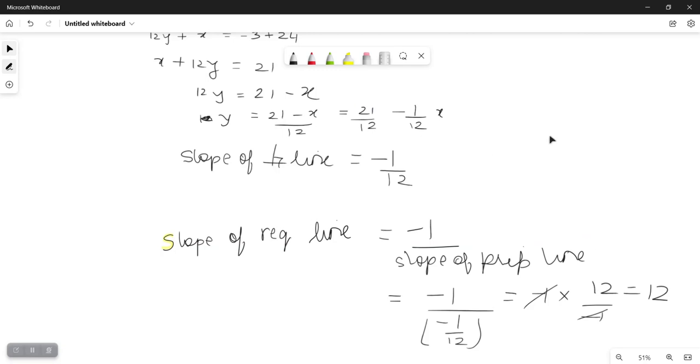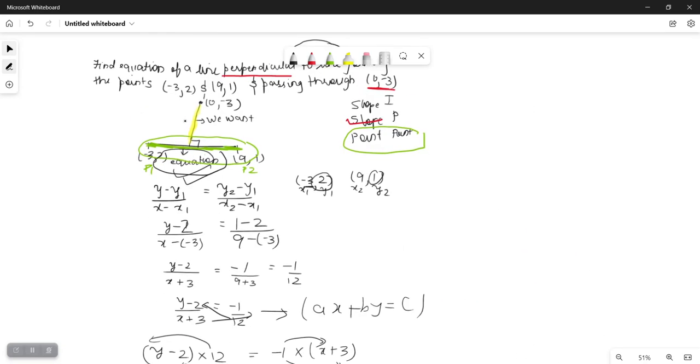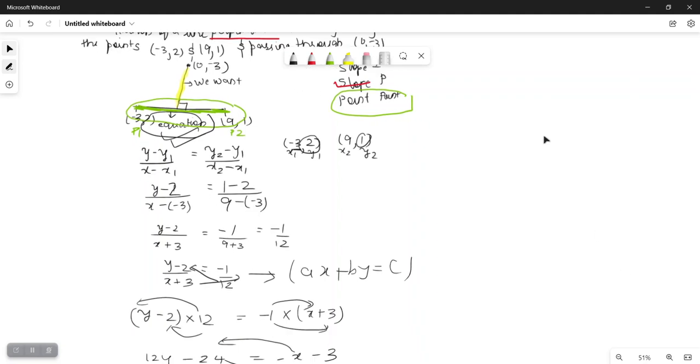So now we know the slope of this yellow line, and we know the point through which it passes. So now we simply use the slope point form to get the equation of this required line.